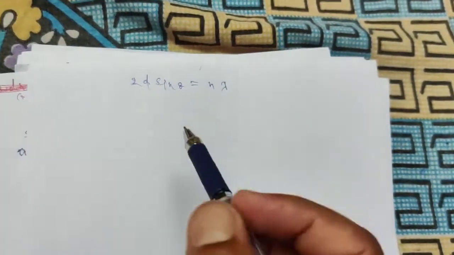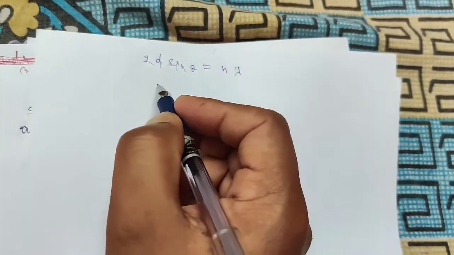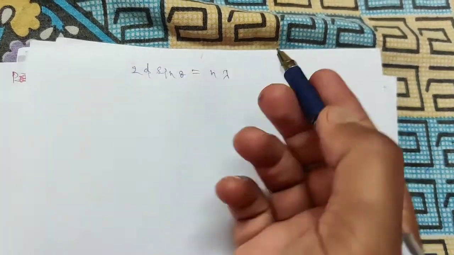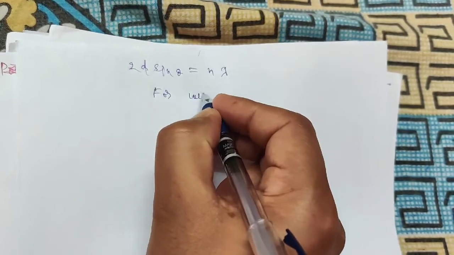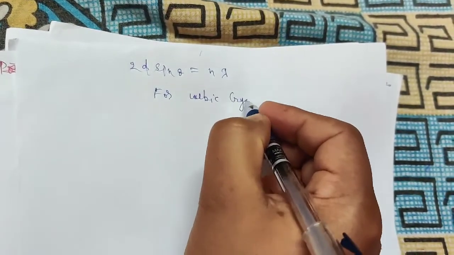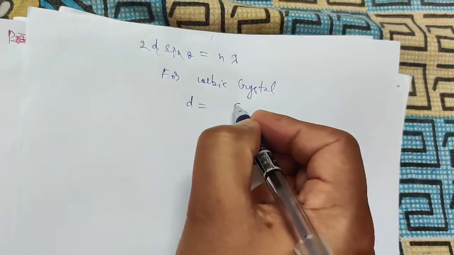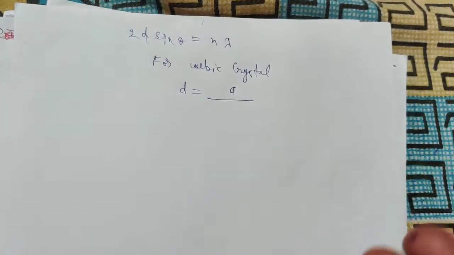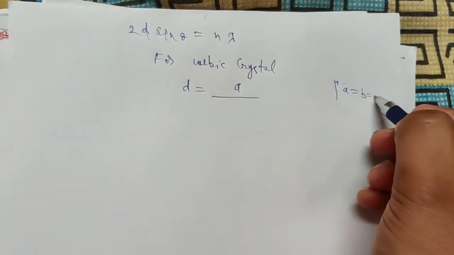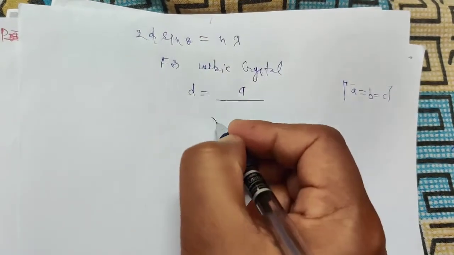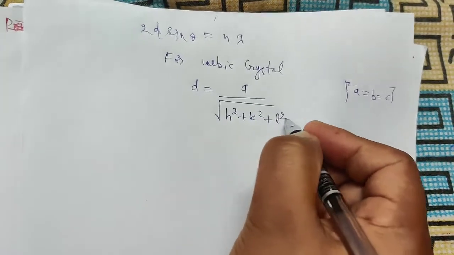Now I'm showing how we can use it. For a cubic crystal, A equals B equals C, so the interplanar spacing d is calculated by this formula for the cubic crystal.